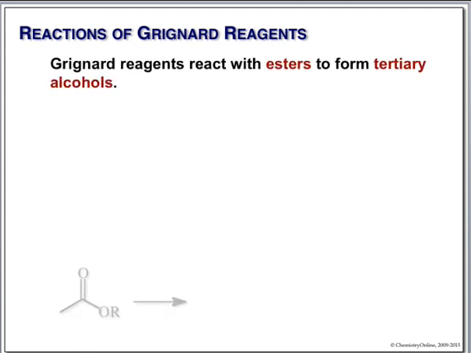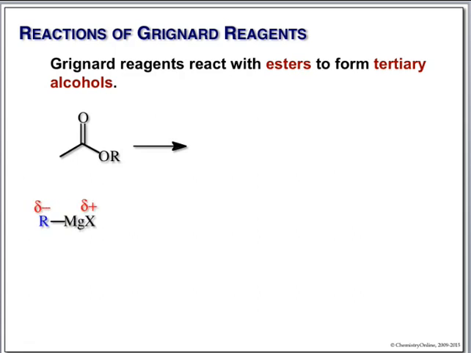Let's go ahead and look at the full mechanism. Here's our carboxylate ester. First thing we're going to do is take our generic Grignard. The carbanion is going to add to the carbonyl, and we're going to form this addition intermediate. Now, the reason that this reaction continues to go on to give us a tertiary alcohol is that the alkoxy group here is what's called a good leaving group.